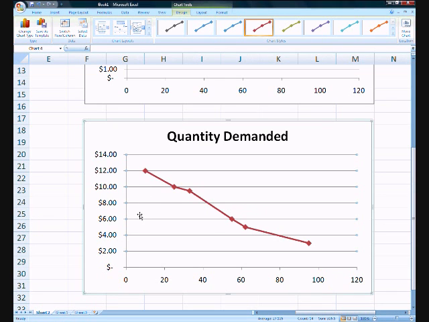When the price is $12, approximately 10 people would buy it. Okay, it makes sense. If we weren't using cars, imagine a $12 Coke can. No one's gonna buy that. Now we got our next plot. When the price is $10, 25 people buy it. When the price is $9.50, 33 people buy it, and onward and so forth. And now we've plotted all the points.